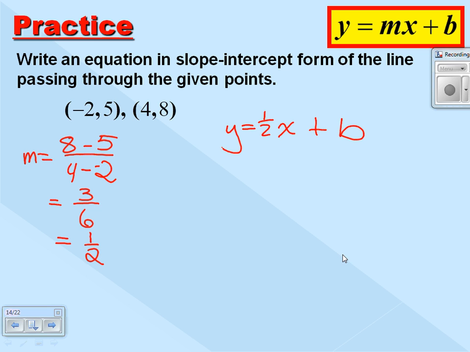At this point, I can use any point that's given to plug into x and y. I'm going to choose 4 and 8, my second point. So I'll put 8 into y and 4 into x.